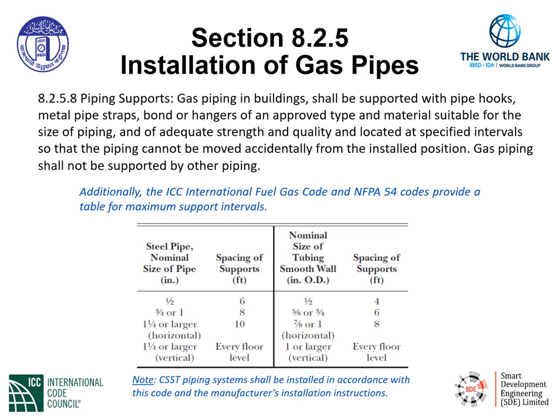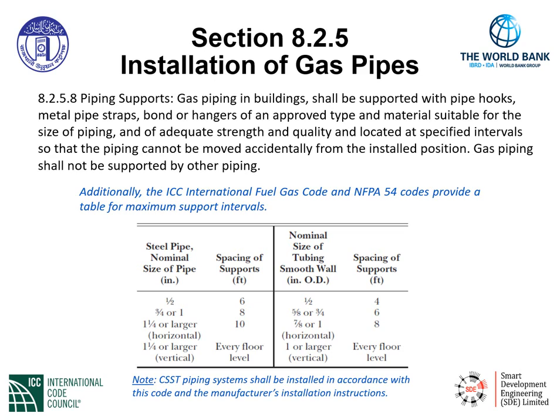However, a special note here: if the designer is going to use one of these reference codes or even refer to the codes as indicated here as additional information, CSST piping system design and installation is proprietary.